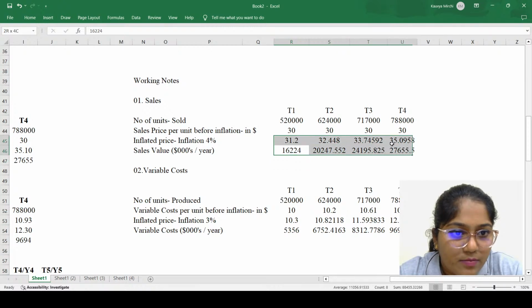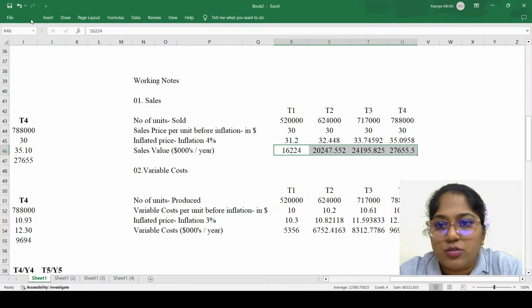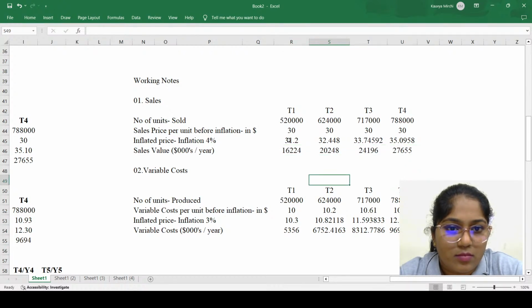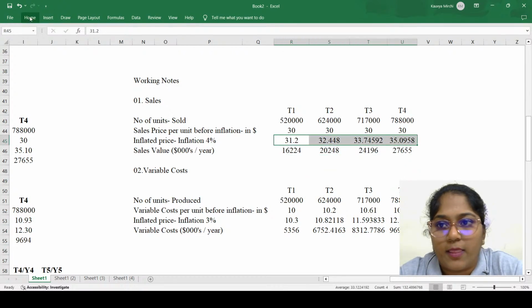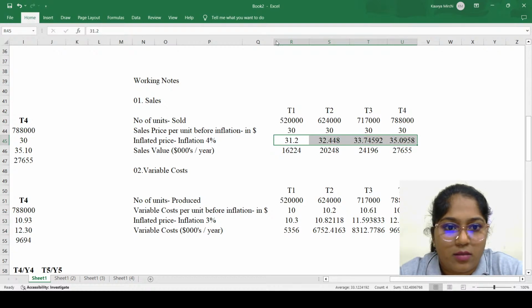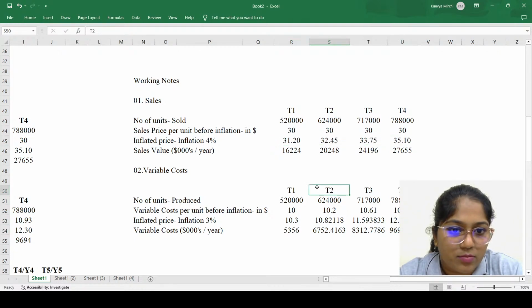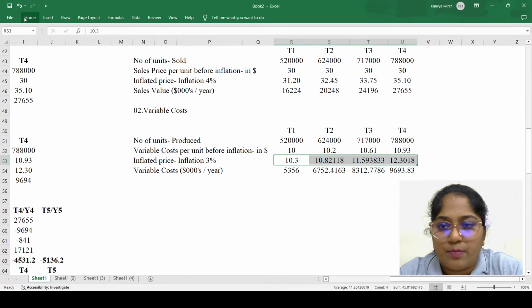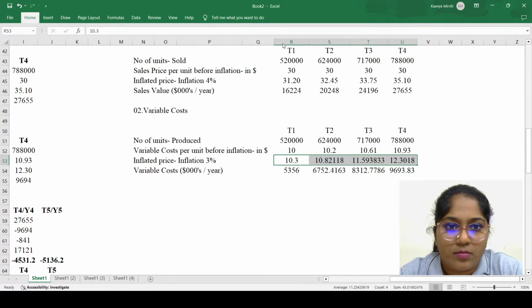And I will just round it off, to keep two decimals. Similar thing here as well. We'll keep two.